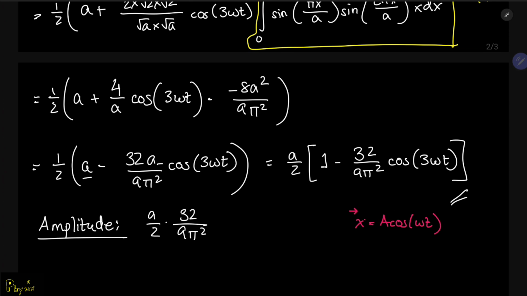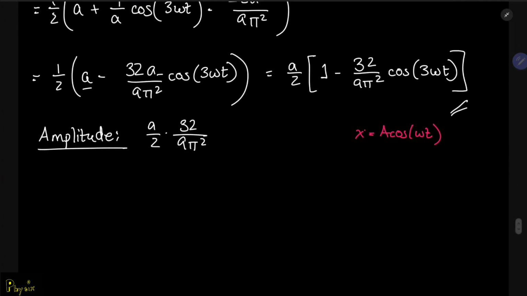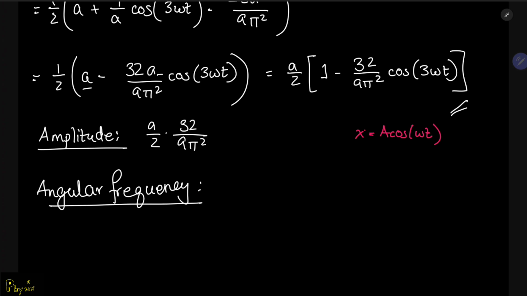All right. And as for the angular frequency, the angular frequency is visibly 3 omega, and you can break this down and write this down as 3 pi squared h bar squared all over 2m a squared.